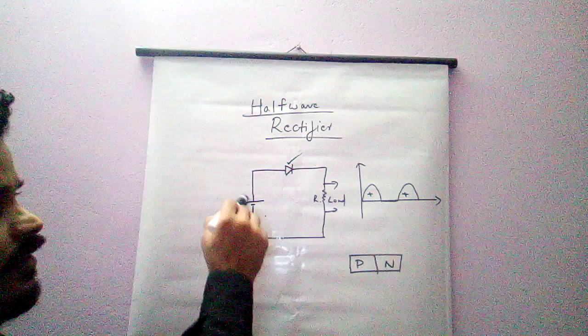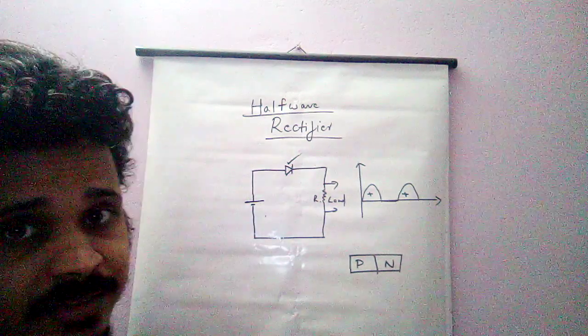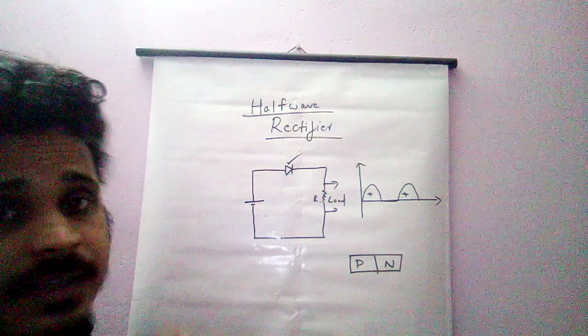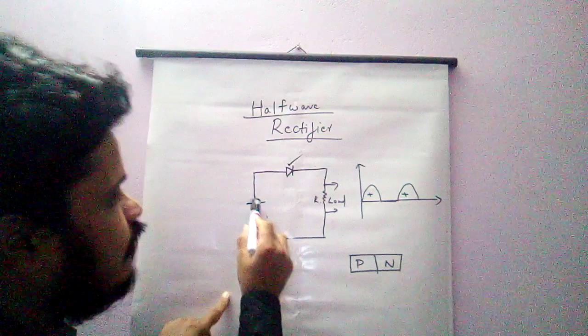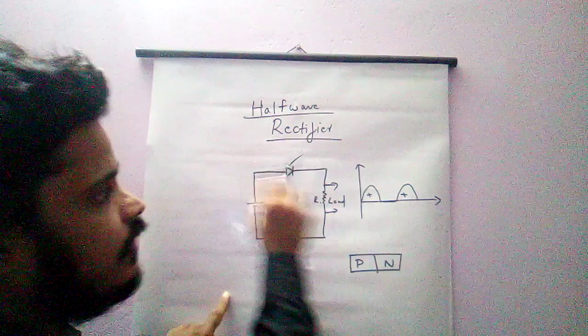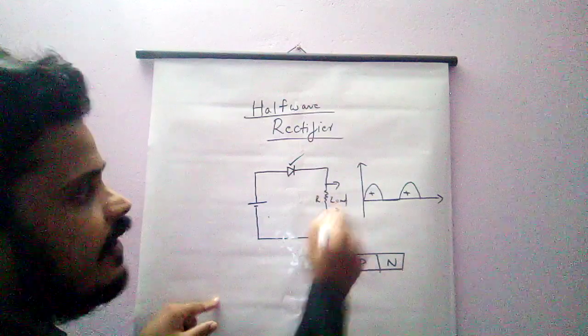During this condition current will flow; in forward bias the current flows, and in reverse bias the current doesn't flow. Here the positive terminal is connected to the positive of the diode, so the diode will conduct, and the current will flow through the circuit to the load.